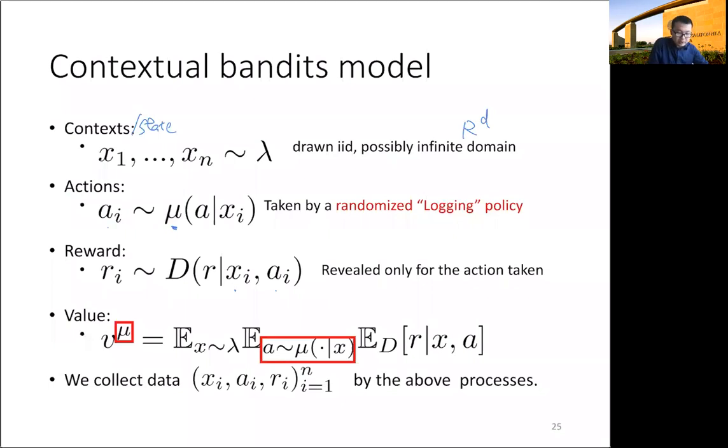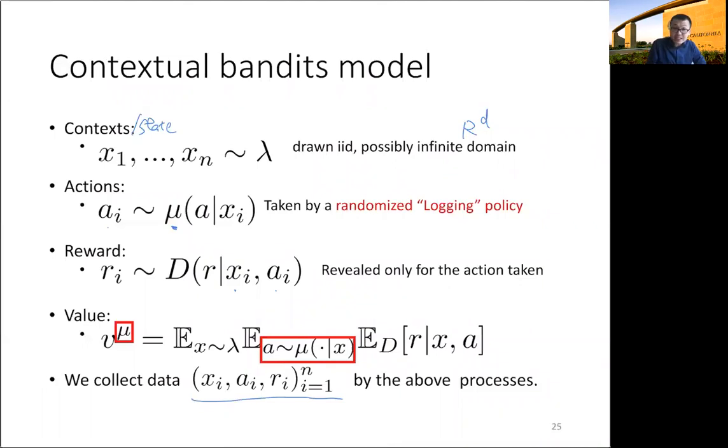We can similarly define the value function in the same way that we defined it before. So this is the expected reward of running a particular policy. The value of policy mu is the expected reward over the randomness of everything. The kind of data sets that we collect are triplets of state, action, reward.